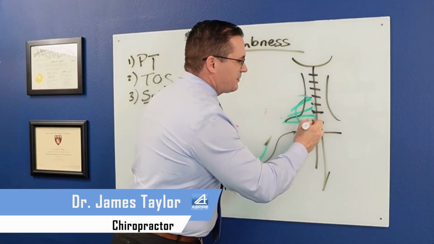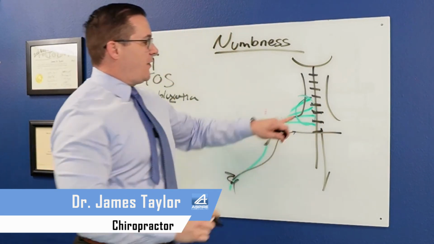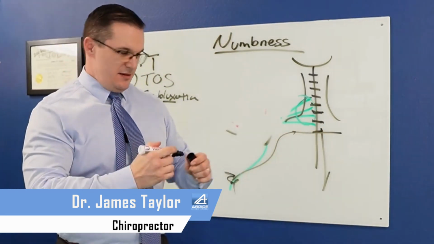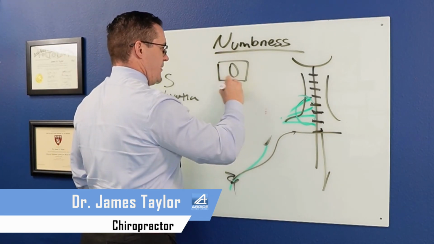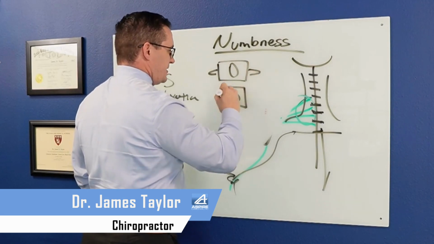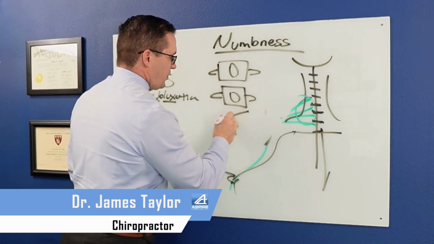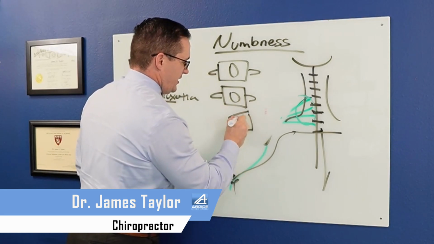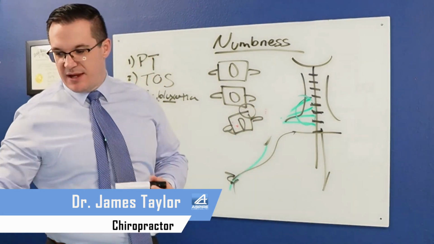Subluxation of the cervical spine, T1, C7, 6, 5, where those nerves originate, those bones, now we're looking at you from behind, those bones get bent, torqued, or twisted. And what do they do? They put compression on those nerves where they exit the spine.